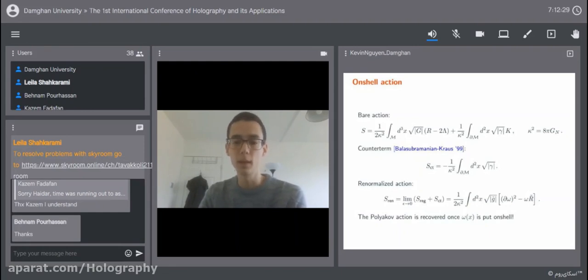So you add this, and now you can evaluate the regulated action plus the counterterm, take the limit epsilon to 0, and what you find is this expression, which indeed you recognize as the Liouville form of the Polyakov action. So note that there is no boundary condition on this function omega here. At this point it's still off shell, but once we put it on shell, so we solve box omega equal R, this becomes the Polyakov action. All right, so that's good.